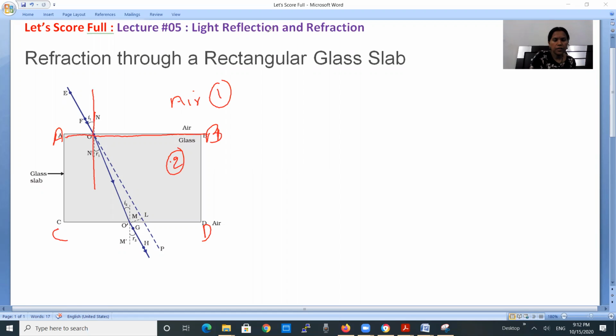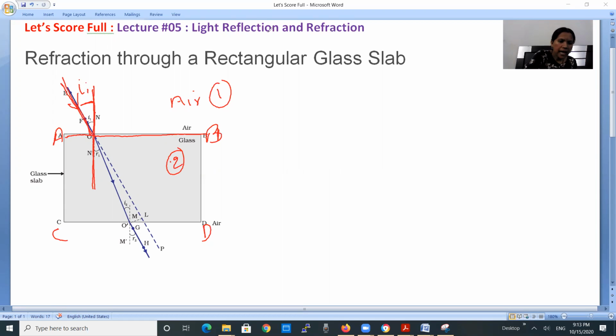This line is normal. So when light is incident in the direction of EF with angle of incidence I1. Can you see here I1? So here EF is known as incident ray and we mark it with arrow. EF is incident ray, angle I is incident angle, then N and N dash is normal on the surface AB.